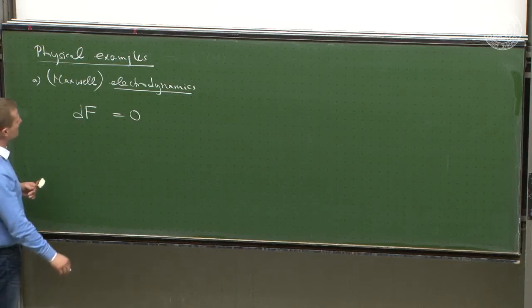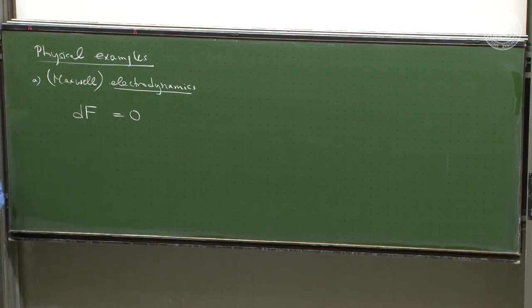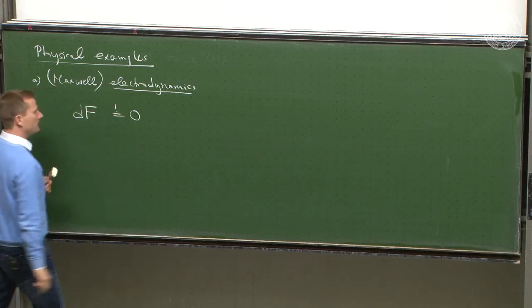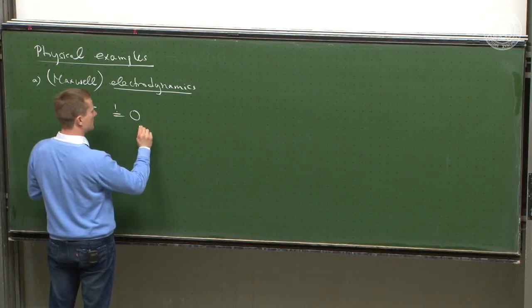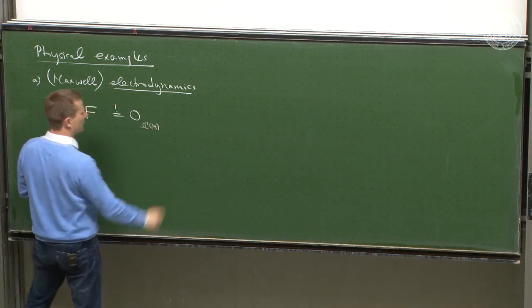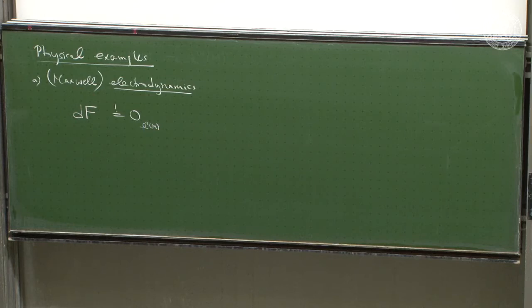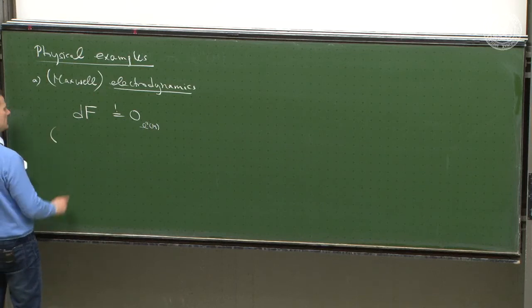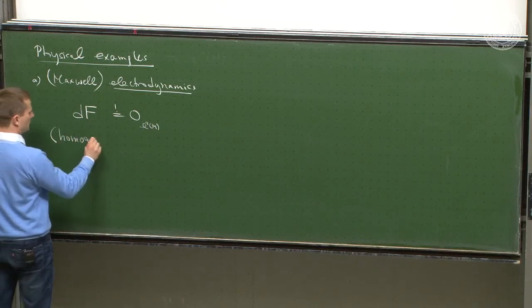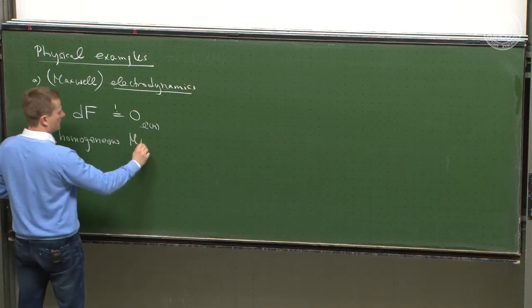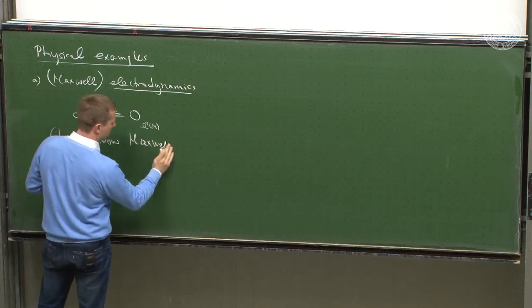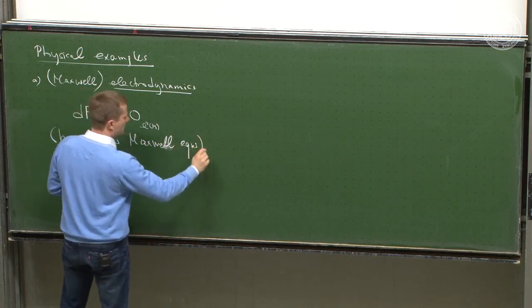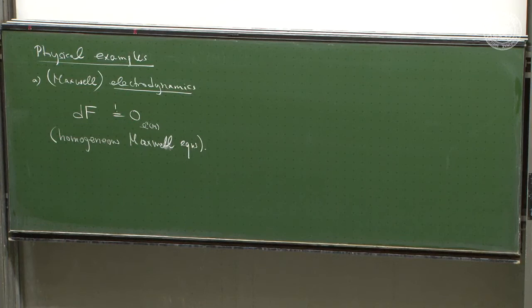But then dF is a 3 form, an element of omega 3 of M, and you require that this 3 form be 0. This is called the homogeneous Maxwell equations. It looks like only one tensorial equation instead of the two Maxwell equations, but in fact it covers both.